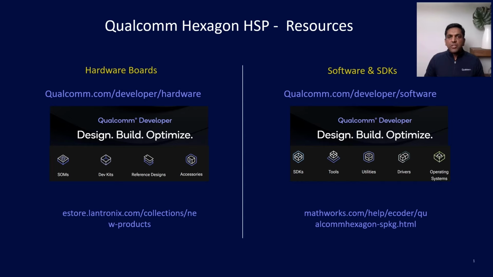This opportunity is not only valuable for industry developers, but also for university researchers and students looking to explore edge AI. It's a great way to go from simulation to deployment and experience Qualcomm's AI hardware in action. We look forward to seeing what you build.